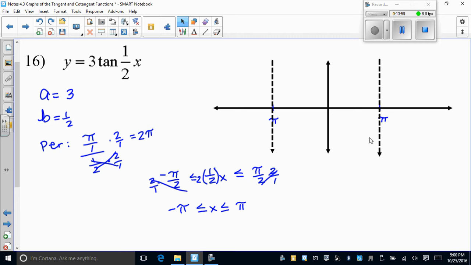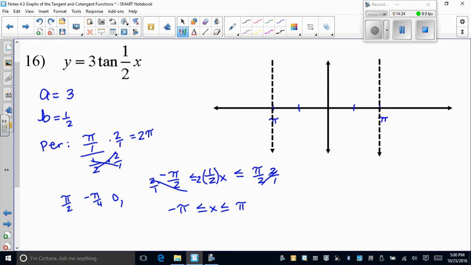Beginning, end. 0 is going to be our midway point, and so we just need to throw in the quarter points. There's our quarter points. Now, these are normally going to be at -pi over 2, -pi over 4, 0. I'm just doing this to get our points in there.